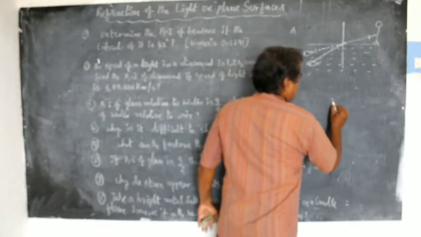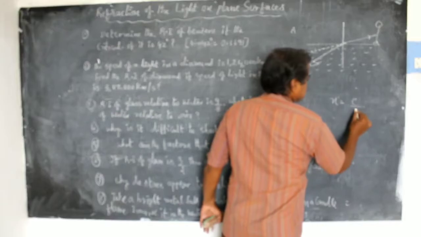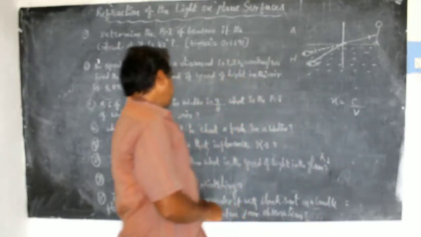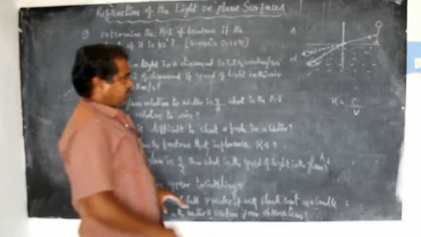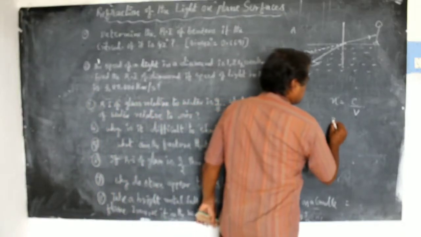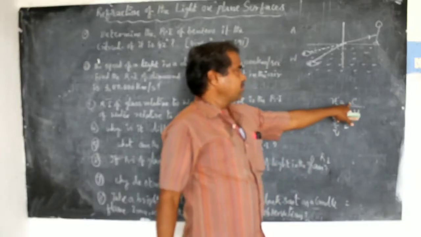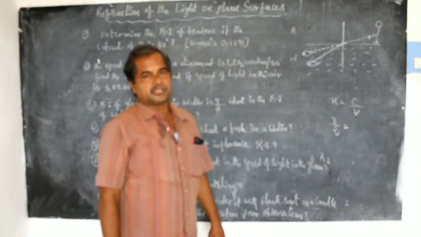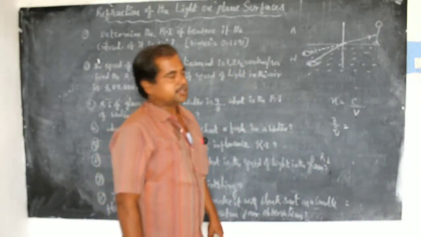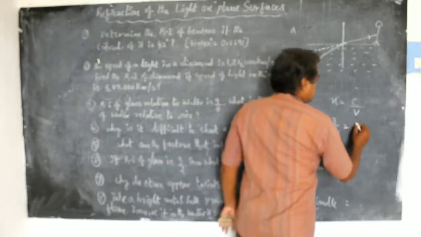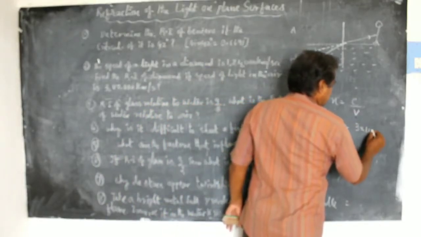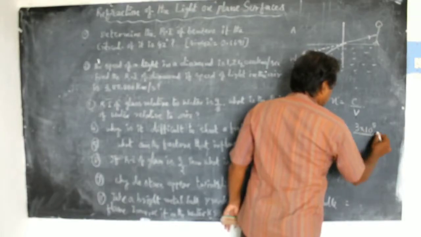We have already known that n is equal to c by v. Here the medium is glass. Refractive index of the glass is 3 by 2. Next, c is the velocity of the light in the vacuum or in the air, that is equal to 3 into 10 power 8 meters per second. It is the standard value.